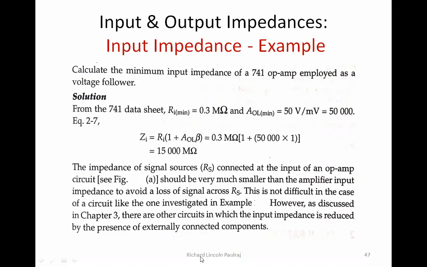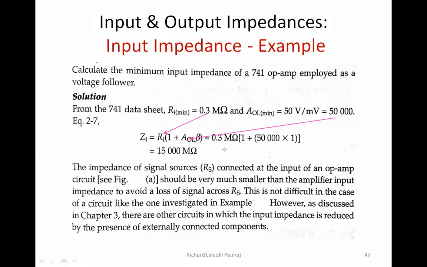So we'll try to fill in these values here, and one of you can just calculate and tell me if these values are right. So 0.3 comes here, this is for the input resistance, 1 plus AOL, I have the value here, and beta, as I was mentioning, we take as the feedback factor as 1.